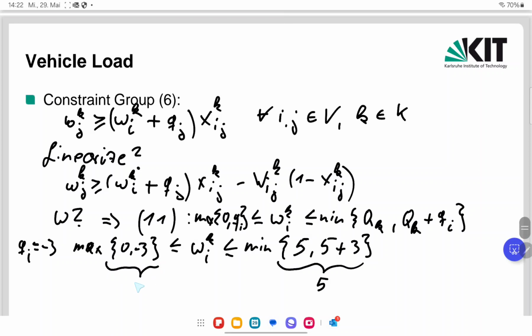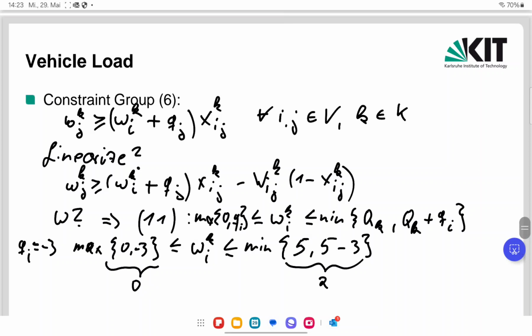That would mean this here is 0, so we would deliver 3 patients, we have less, so Q is a negative value, and here we have then not plus but minus 3, and that would mean the minimum, so that means we take 2. So that means the load of vehicle K leaving node I, if it's a delivery node, is between 0 and 2 patients. Okay, not more, not less.